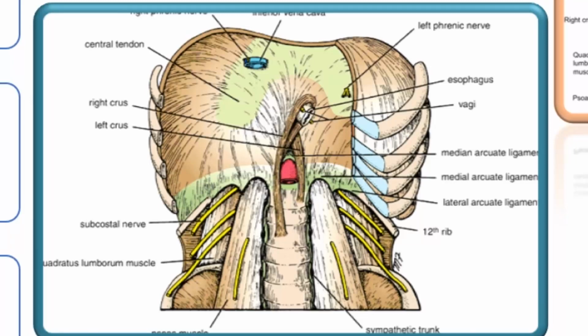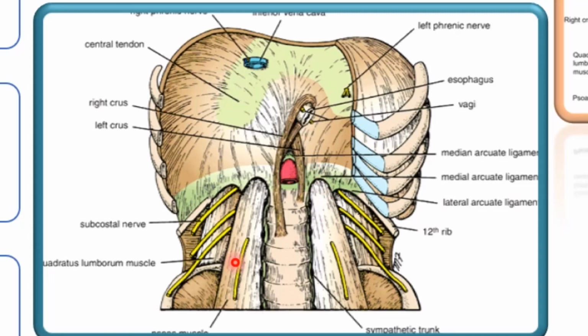If we start from this illustration, here we see this part of the diaphragm that picks origin from the lumbar vertebra, both on the right and on the left. This is the part of the diaphragm that is called the right crus, the left crus, and both right and left will form the right and left crura. Now this is the right crus, and here is the left crus.